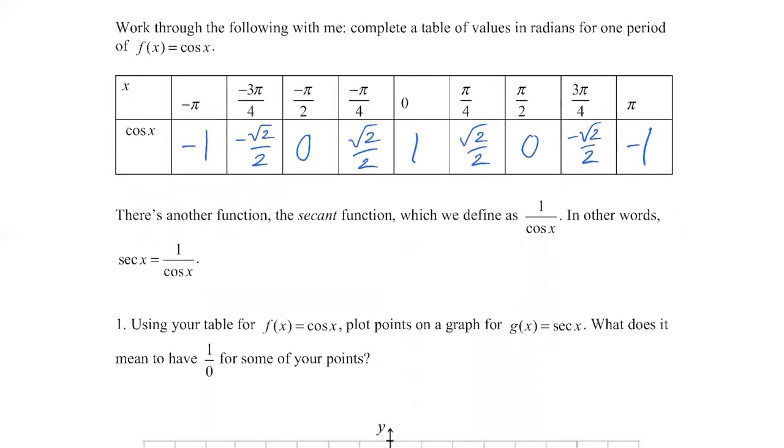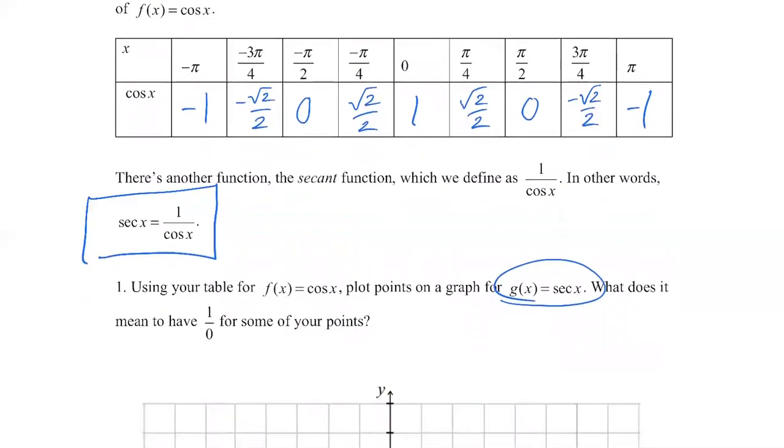Now, there is another function called the secant function, which we define as 1 over the cosine of x. In other words, secant is equal to 1 over cos x. Using your table for f of x equals cosine of x, what we just built above, you should plot the points on a graph for secant of x.